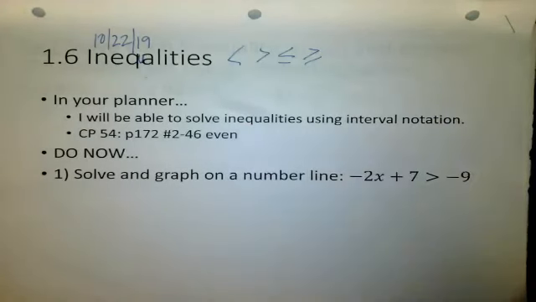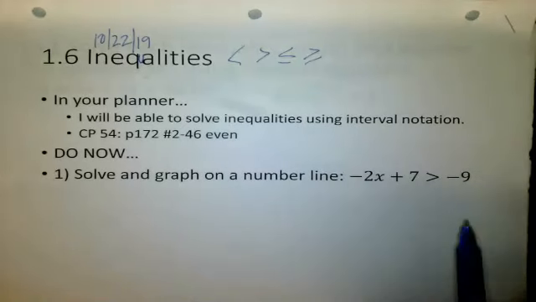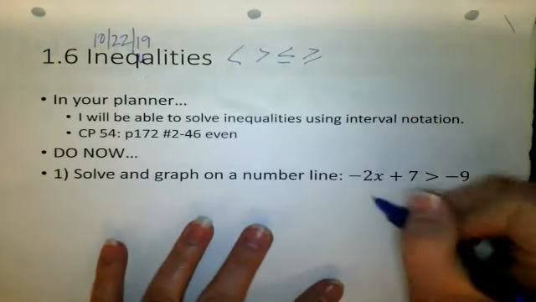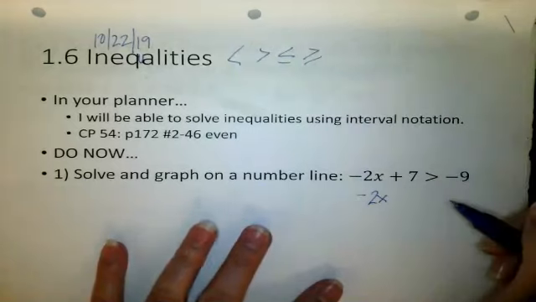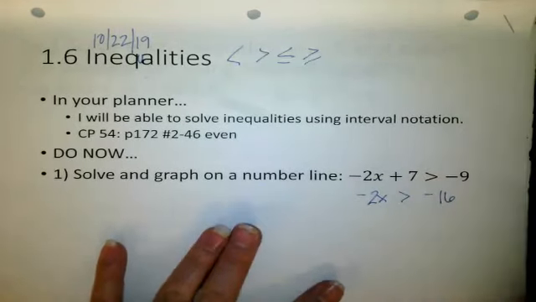All right. Okay. So you hopefully did this in Algebra 1, right? Yes. Okay. Good. So what are you going to do first? Solve for x. Great. So minus 7, which should give me negative 16 over here.